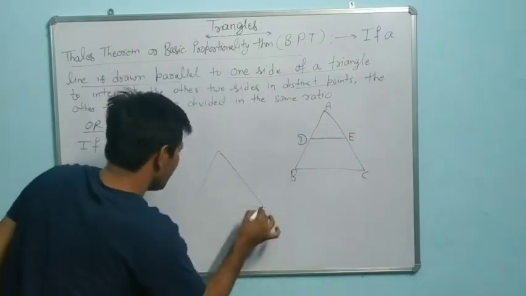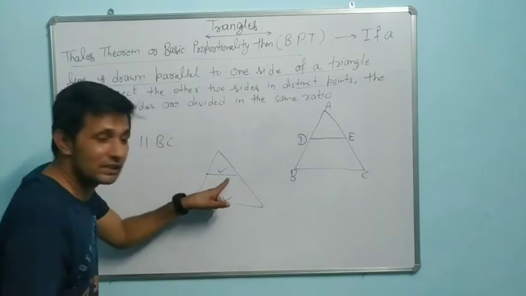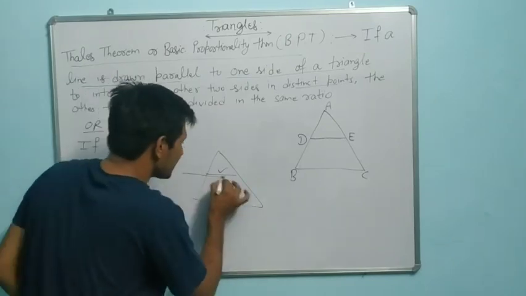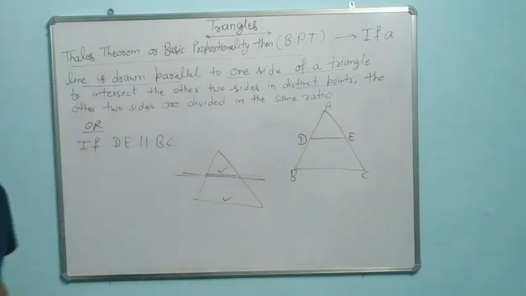Always remember, it is a triangle. A line is drawn parallel to one side of a triangle and intersects the other two sides at distinct points.